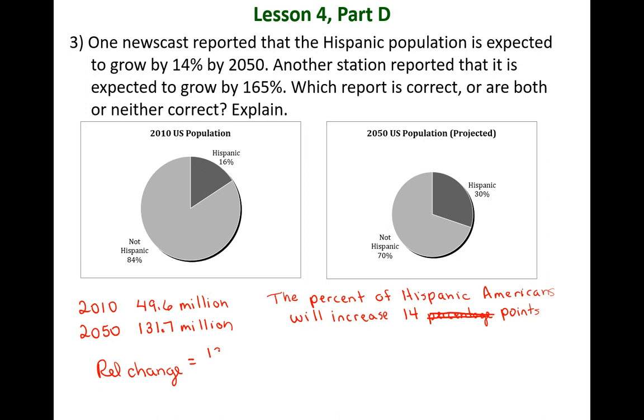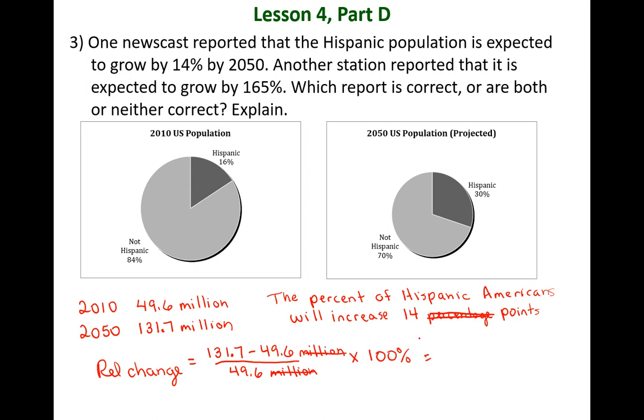So 131.7 minus 49.6. Those are both in millions, so we can leave it that way. We can write the million if we want. Divided by the original amount of 49.6 million. Notice if we leave the millions, they're going to cancel out because they have the same units. Times 100%.